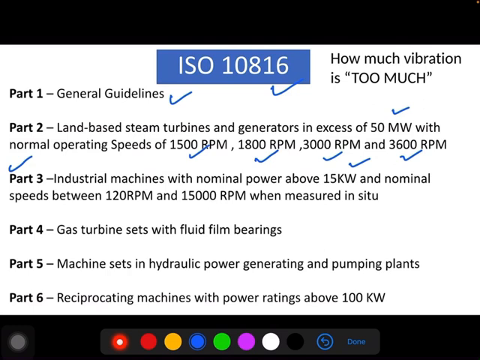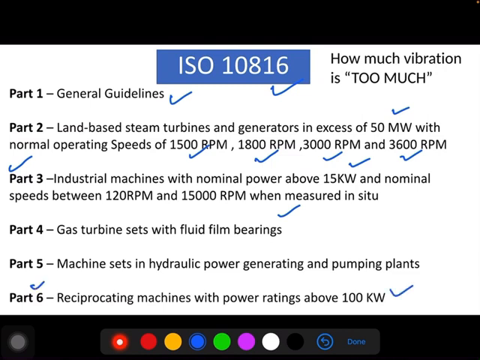Part 4 is for gas turbine sets with fluid film bearings, which means journal bearings. Part 5 consists of machine sets in hydraulic power generating and pumping plants. And part 6 is for reciprocating machines with power rating above 100 kilowatt.